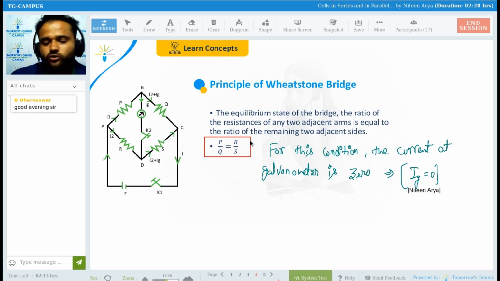And when Ig equals 0, you can automatically understand that the current is 0 here, so there is no effect of resistance there. Is this clear?